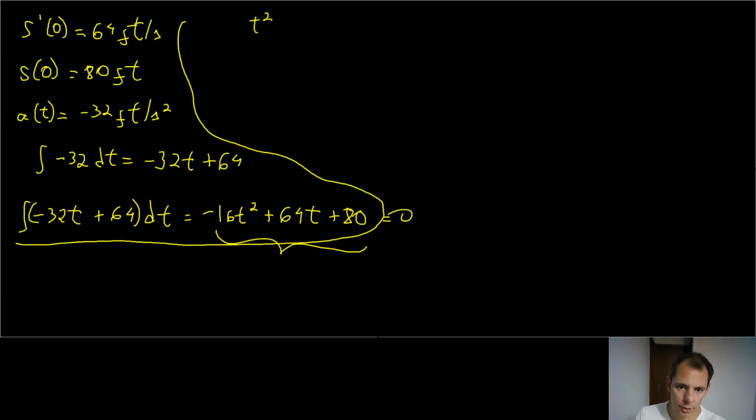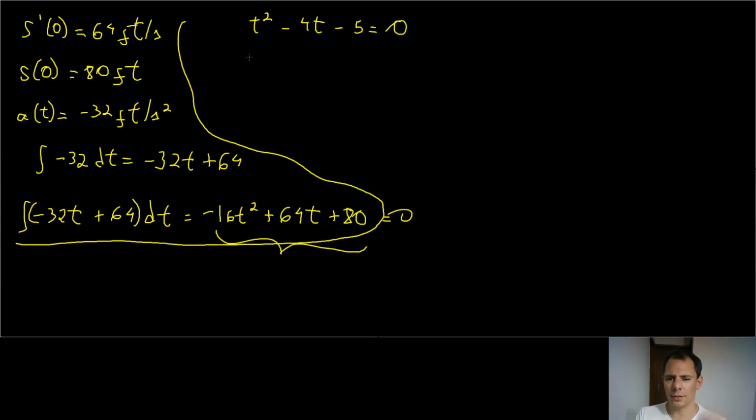So you have t squared minus 4t, because 64 divided by minus 16 is minus 4, minus 80 divided by minus 16 equals minus 5, equals 0 divided by minus 16, which is 0.